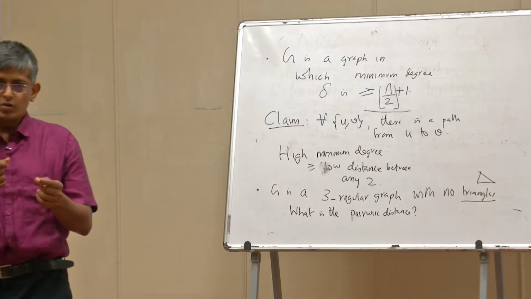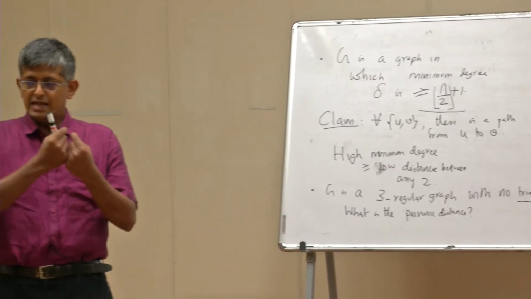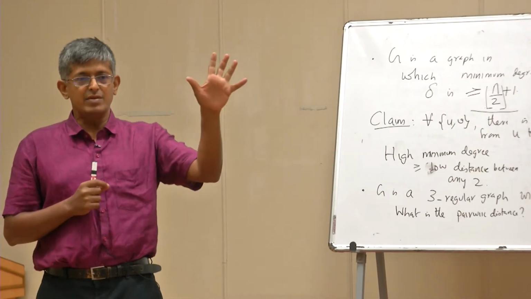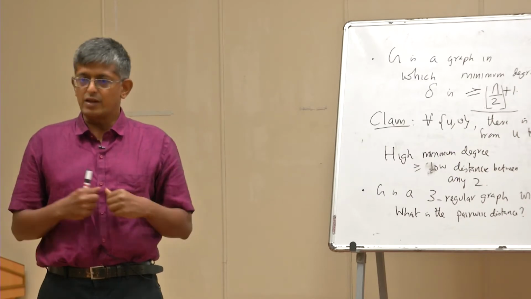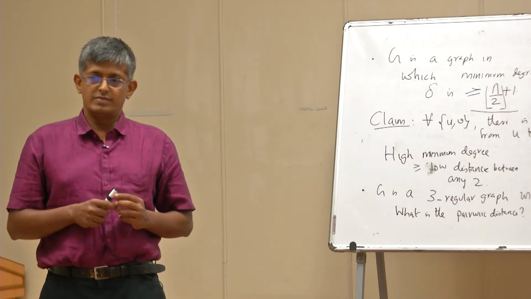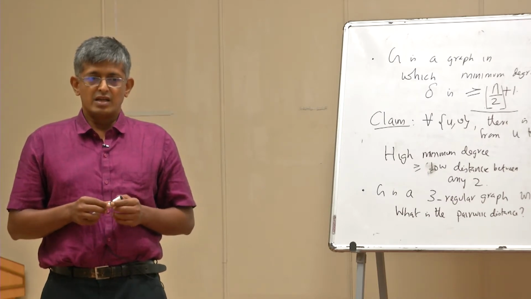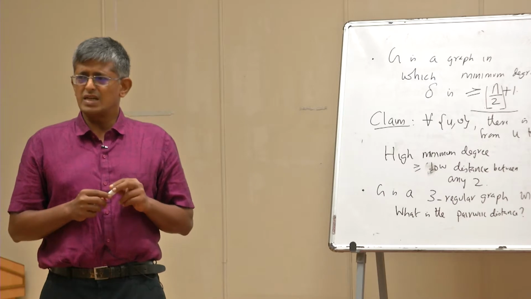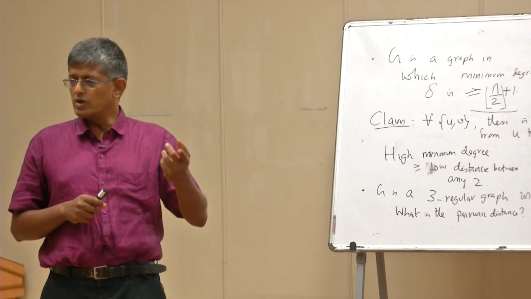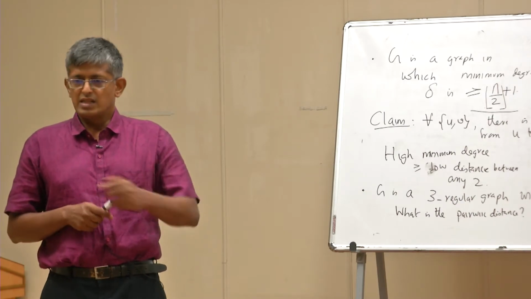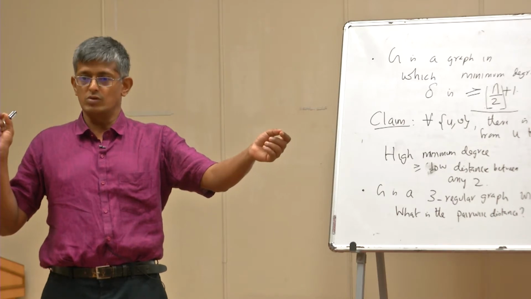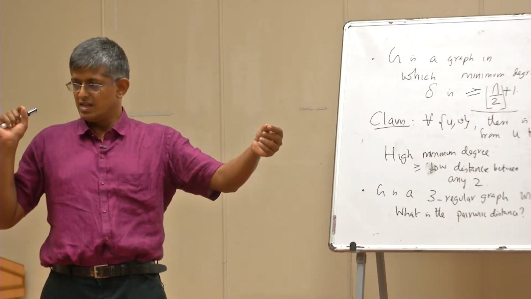I want to show you a very interesting connection. Currently, you are believing that high degree means the distance between any pair is very close. So if the degree is very low, then you intuitively assume that maybe distance is very large. If the degree is only 2, then the graph is one big cycle, no? Then there are 2 vertices whose distance is n by 2. So it's very long, very far away.